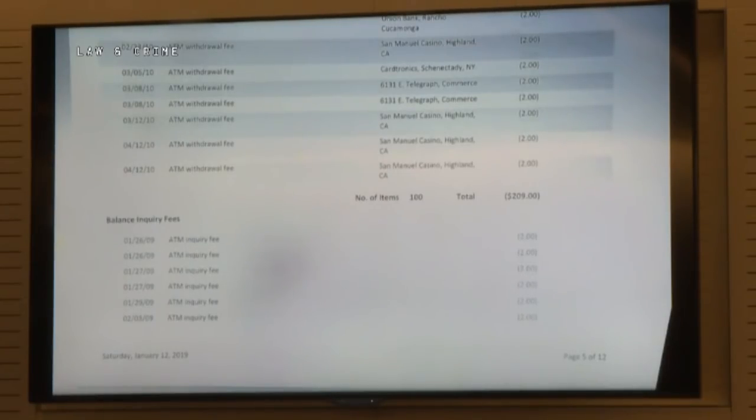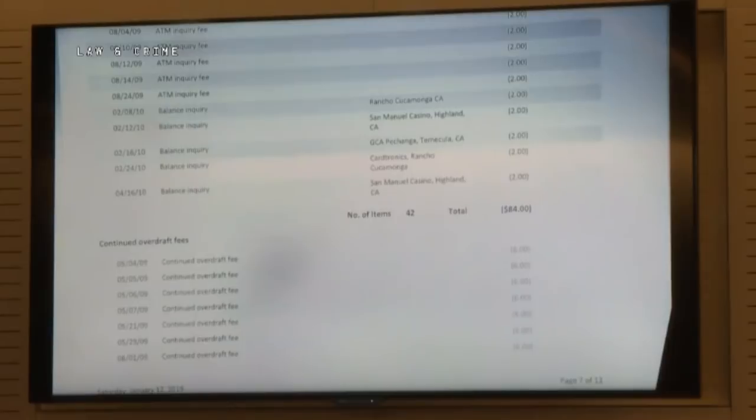So that's what this would be, is someone who wanted to know what the balance is in their account if they didn't have good record of that. Okay, and I'm going to move on to page 7 of that exhibit, and if you can tell us what the total of that was. Okay, so during this time period, there were 42 balance inquiry fees, and they totaled $84.